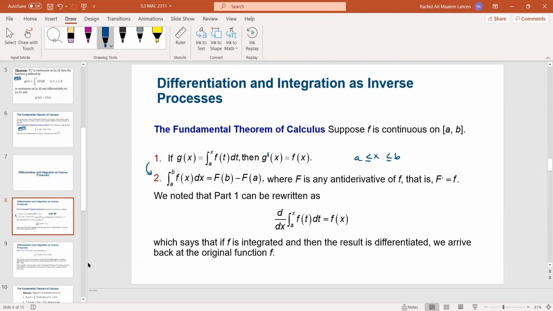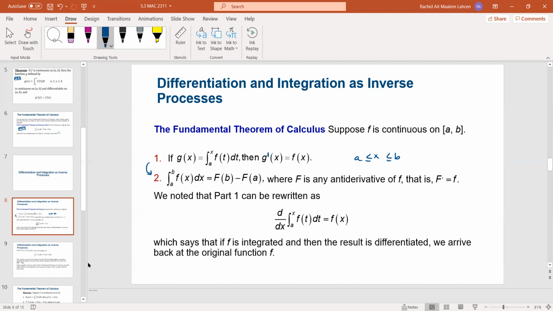So if you want to calculate an integral, you need to find its antiderivative. And don't forget the properties we did in the previous section. Once you find that, you can use the upper and lower limits. And Leibniz, of course, had this notation: d/dx of the integral equals f of x, right?